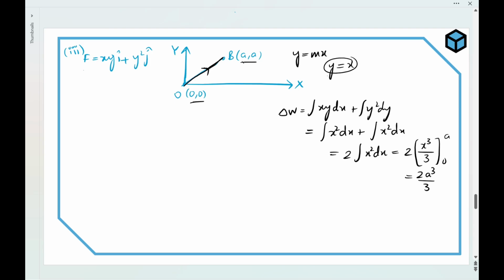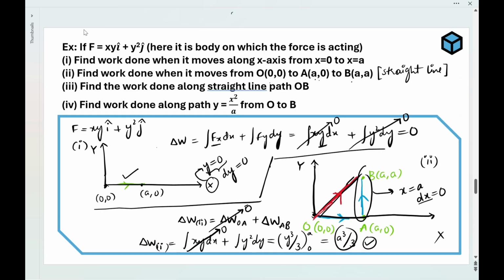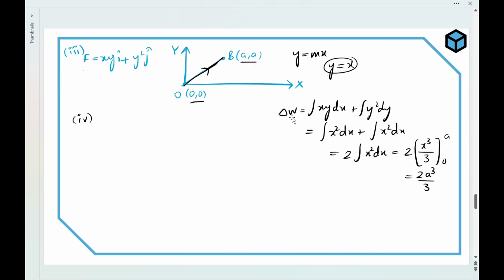Okay, so now let's go to the fourth question. In the fourth question, he asked to find the work done along the path y equal to x square by a. So now we are going from O to B, but not in a straight line manner. We are going in a parabolic manner.